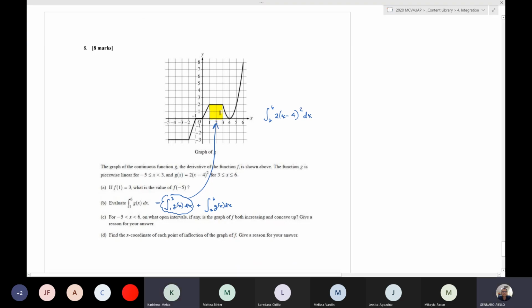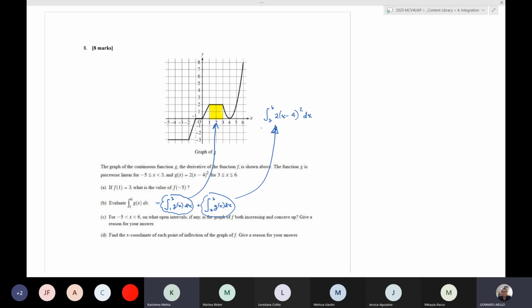Mm-hmm. Okay. The rest of it, you actually have to do now, the second one, this thing right here. Right, but because they gave us this new function, wouldn't you have to do 0 to 3 or something for this new parabola?